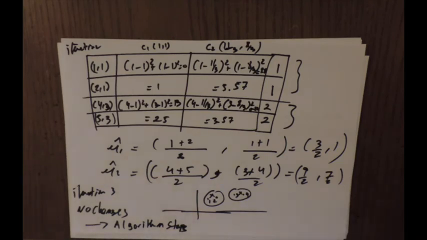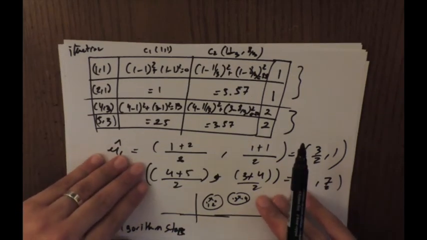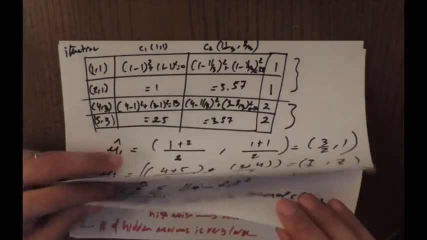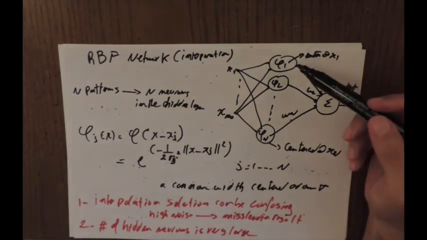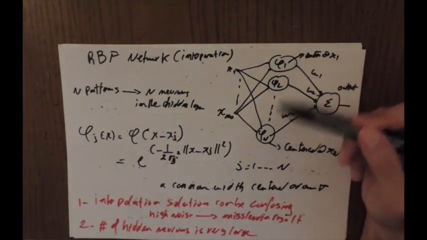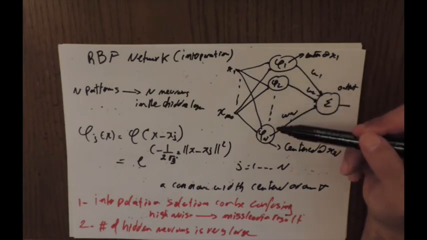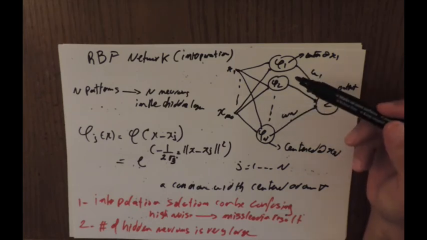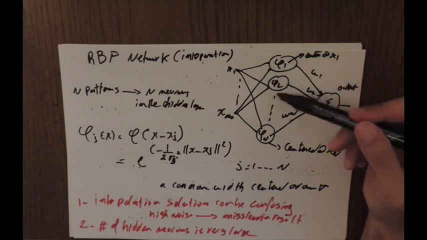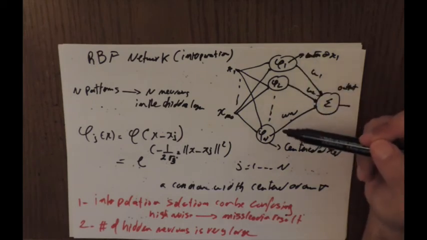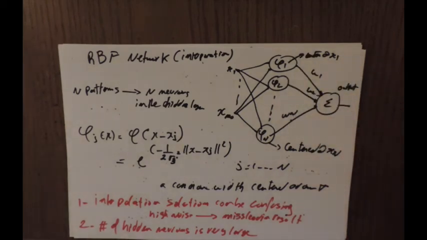We are doing K-means because we don't want to use n hidden neurons in the hidden layer. Instead of using four neurons here, since we have 4 points, we'll use only 2 hidden units instead of 4, and this way we minimize the computation a lot.